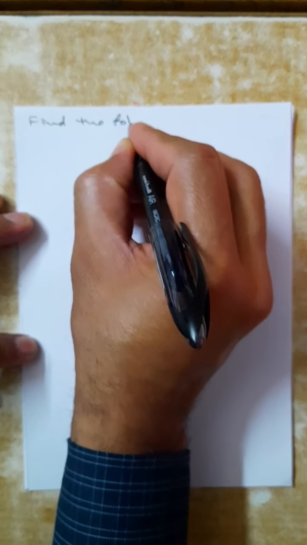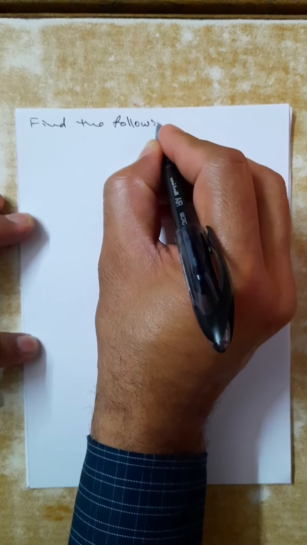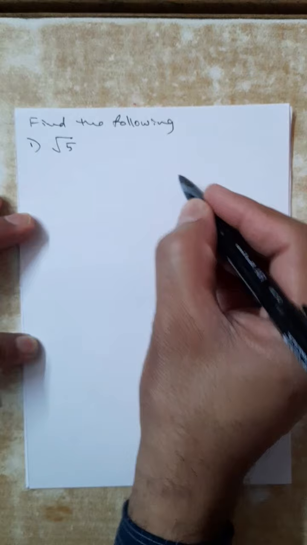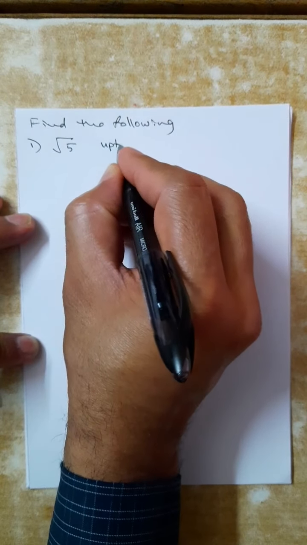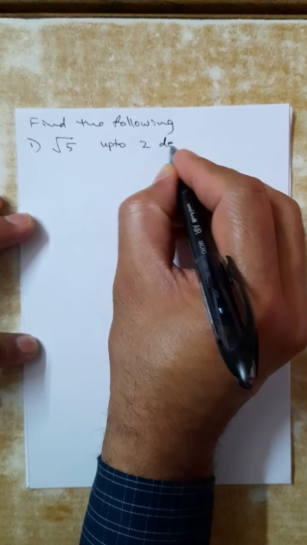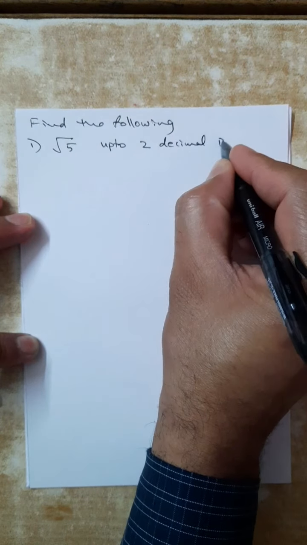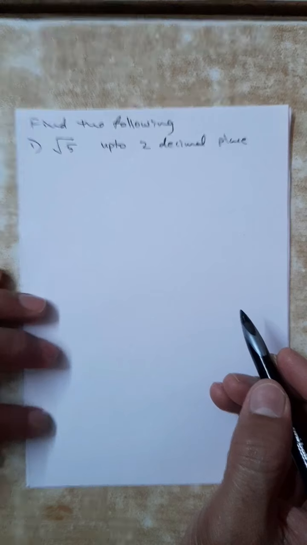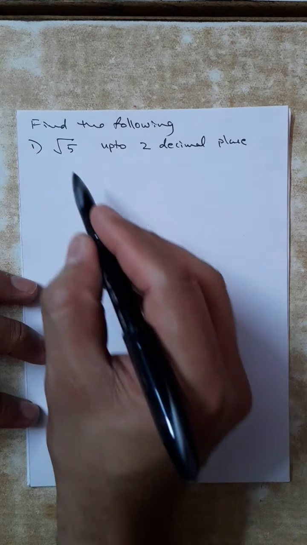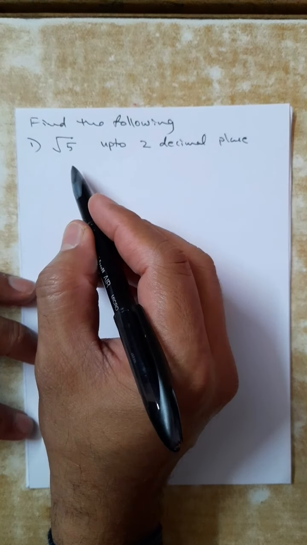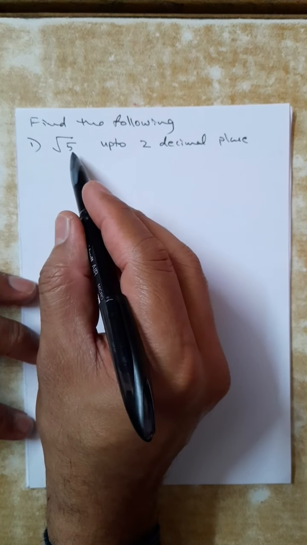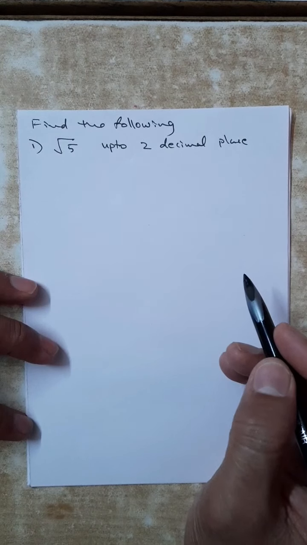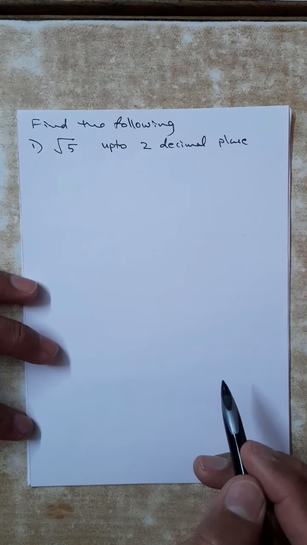Find the following: root of 5, up to 2 decimal places. Why? Because it is not a perfect square. The square root of 5 will not finish after 2 places, after 3 places, after 4 places, it will not finish.